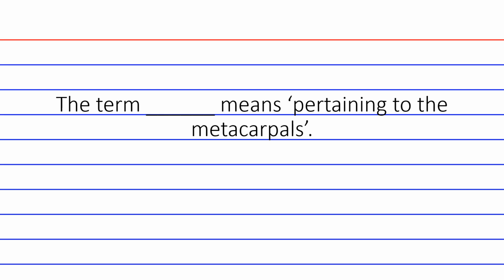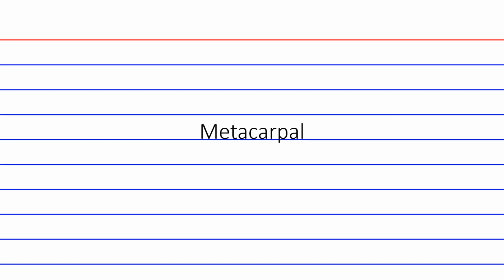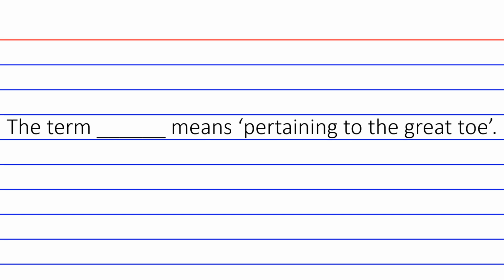This term means pertaining to the metacarpals. The metacarpal region is pertaining to the metacarpals. That's pretty easy to distinguish, right? Metacarpal region, that's where your metacarpals are located. This term means pertaining to the great toe.